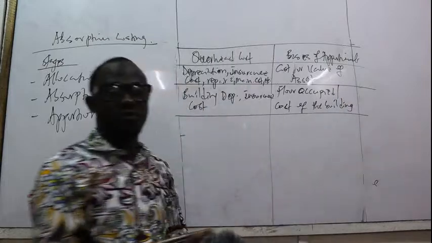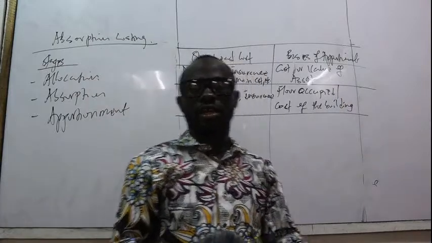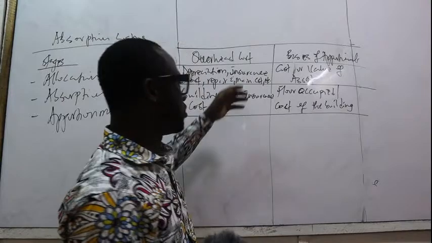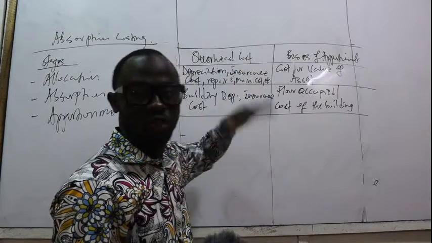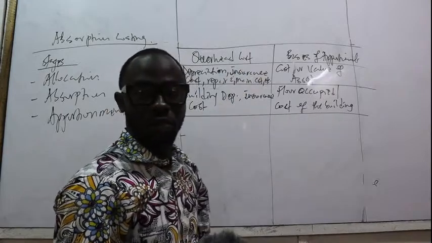For instance, if we are insuring our building, the insurance company will look at the cost of the building, and then other risk factors to be able to determine how much cost we're going to be incurring.